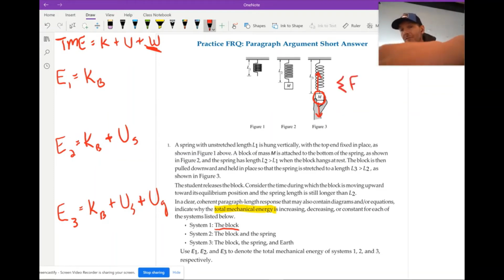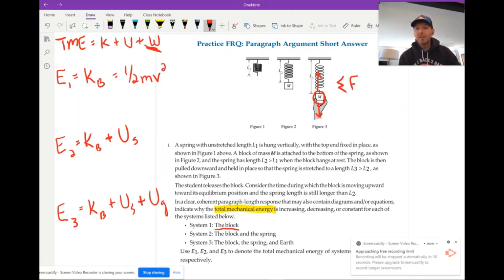The net force on this thing has to be upwards, right? Because the motion is upwards and it's accelerating. So since kinetic energy is 1/2 mv squared, and the velocity of the block is increasing, then the energy is increasing here as well.